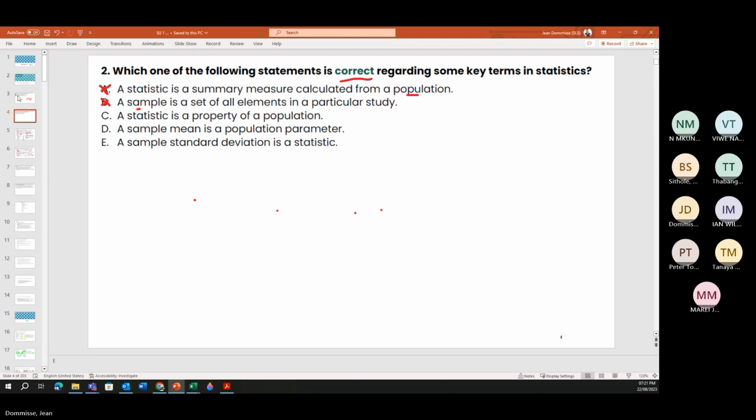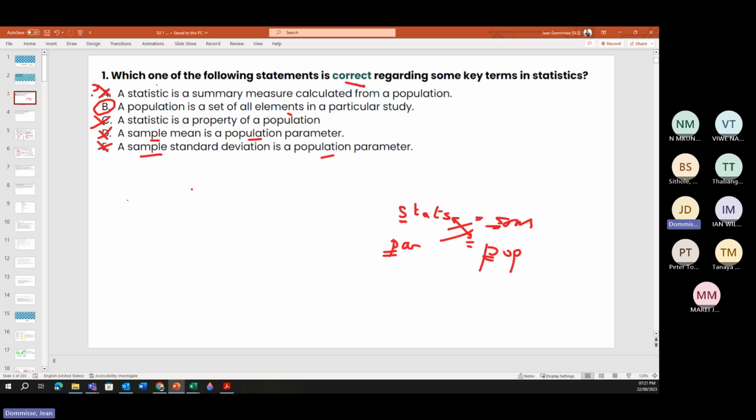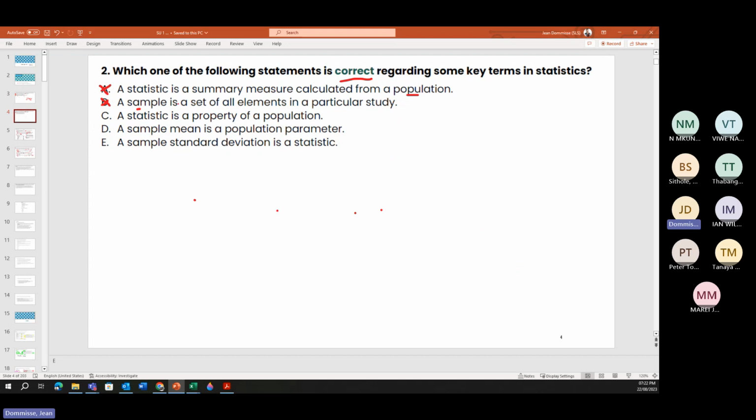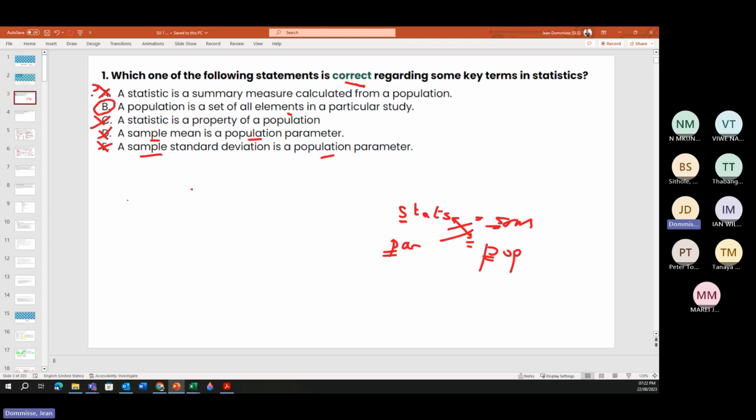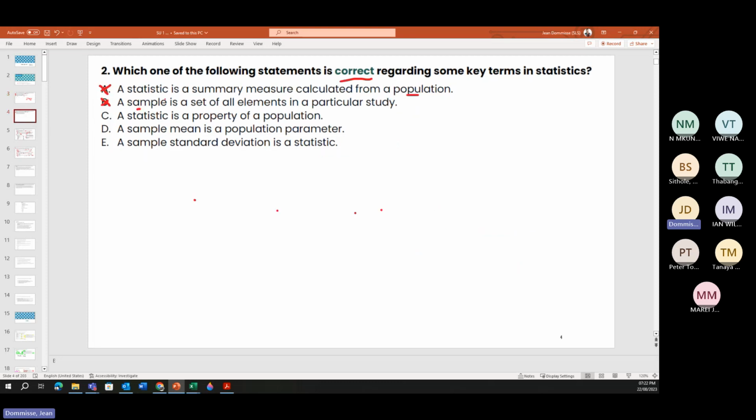So it could be that one group in the exam gets this question, and the next group gets that question. Very similar things have been included, but suddenly one group has B as the correct option, and here, if you selected B, it would have been wrong.